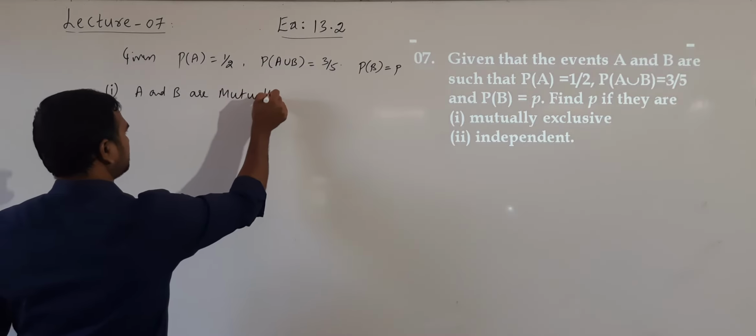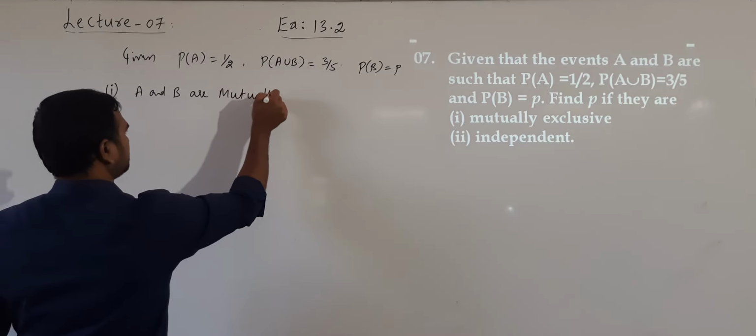A and B are mutually exclusive events means A intersection B is the null set. There are no common elements for A and B, so P of A intersection B is 0. Using this we can find the small p value.